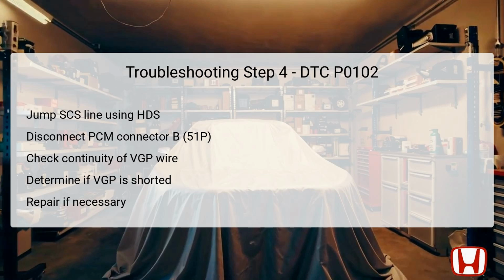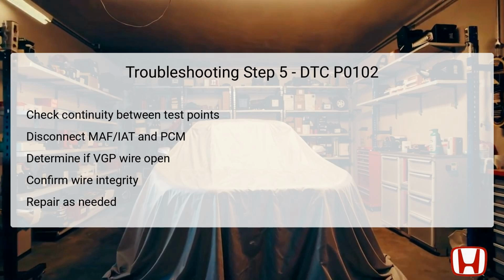With both the MAF sensor IAT connector and the PCM connector disconnected, continuity needs to be checked between the designated test points related to the VGP line. If continuity exists, it indicates that there is a short somewhere in the VGP wire between the sensor and the PCM. If a shorted condition is found, repair the wiring accordingly, as this could be contributing to the low voltage output seen in the MAF sensor circuit.